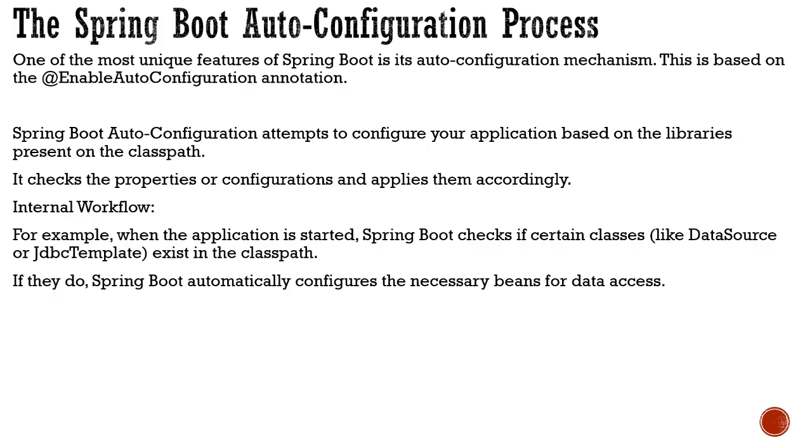As we already discussed, when your application is started, it checks if certain classes like DataSource and JdbcTemplate exist in your classpath. It will automatically configure your beans for that particular database and data access, right? So it will make your application available with those libraries and the set of classes which are required to run those things, right?